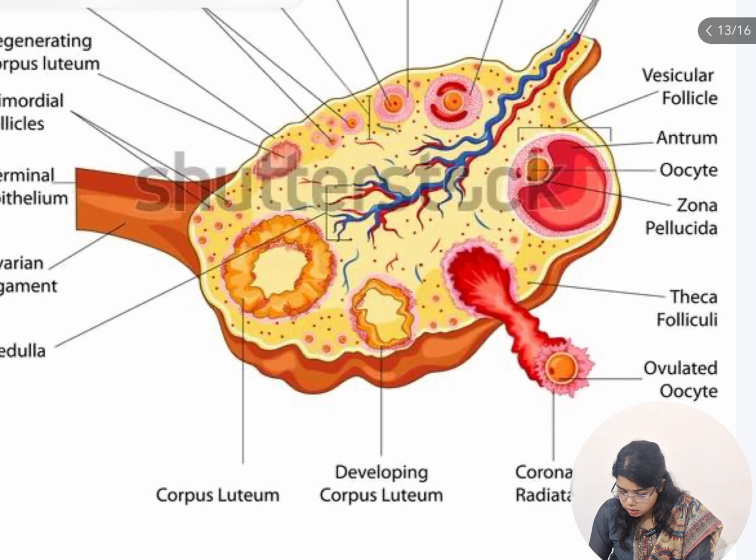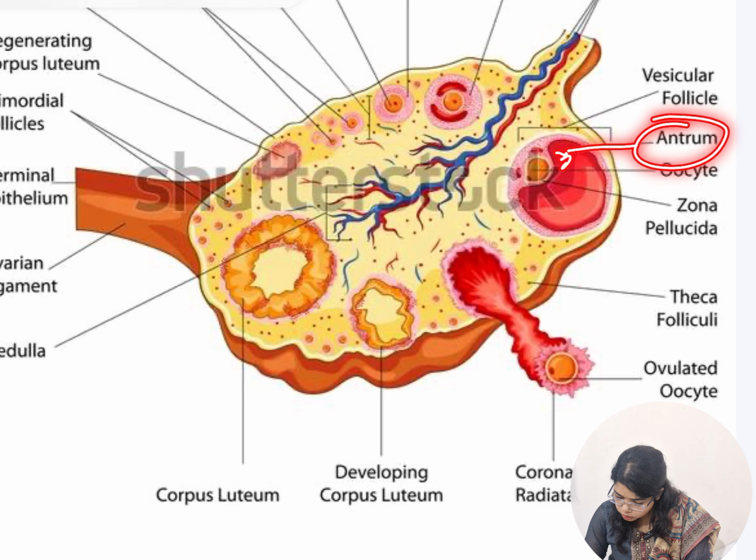See, I've shown in the picture. This is the antral fluid, filled here.